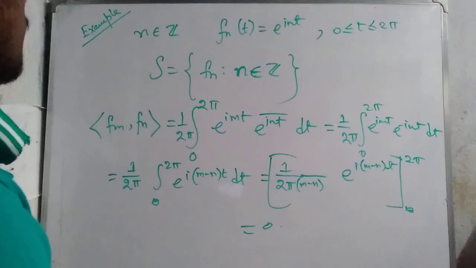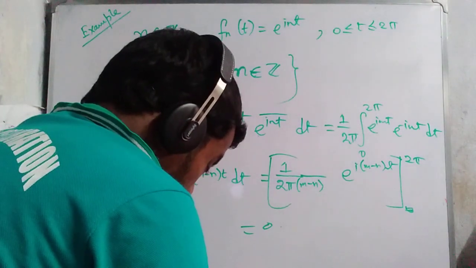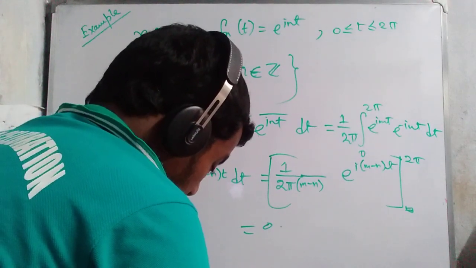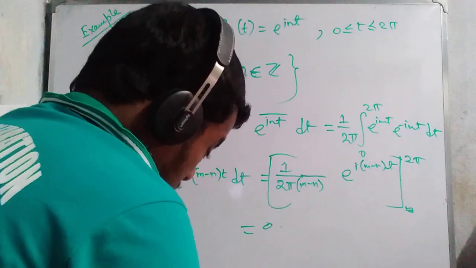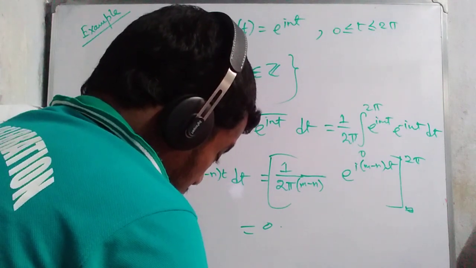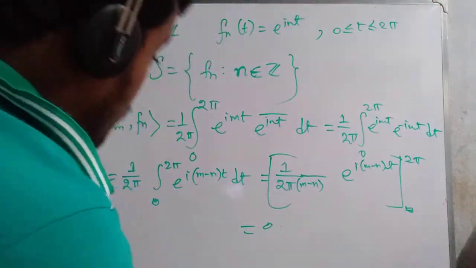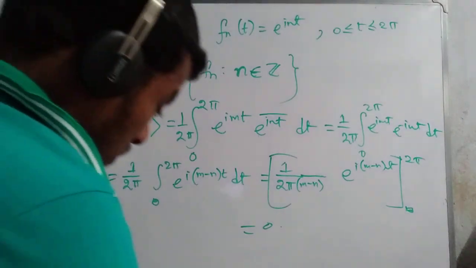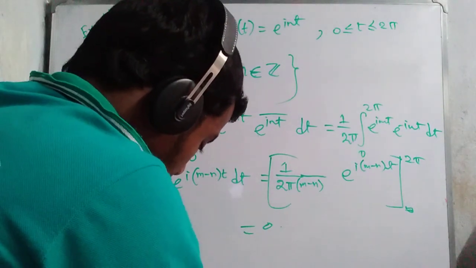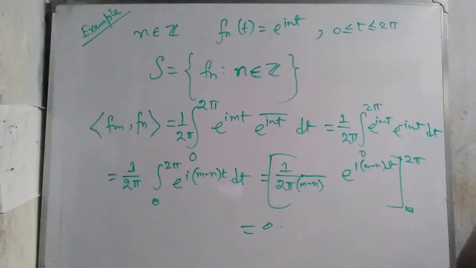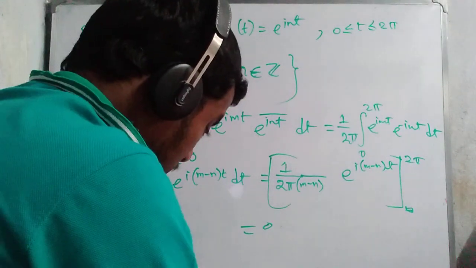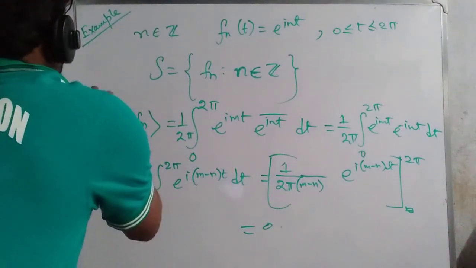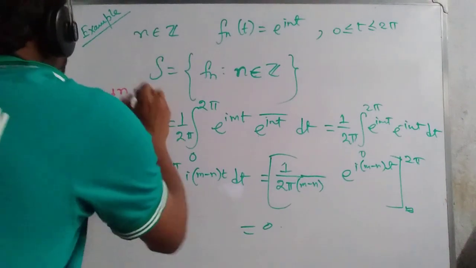So in this way we discuss those. For m not equal to n, this happens, that means we get 0.